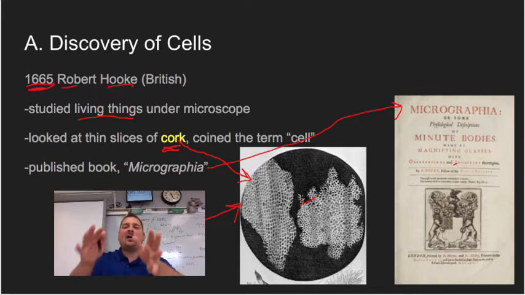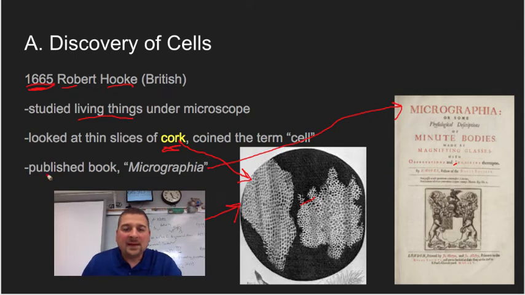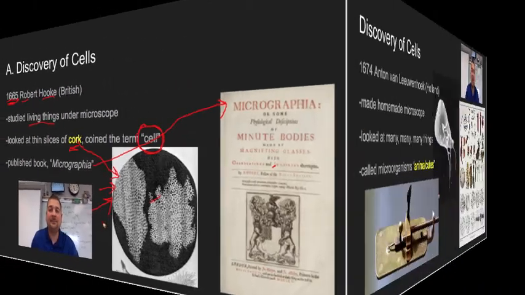Long hallways with rooms off of each hallway, and he said, man, those look like cells of a monastery. So he is credited as early as 1665 with using the term cell to refer to these little structures that you find inside of living things.